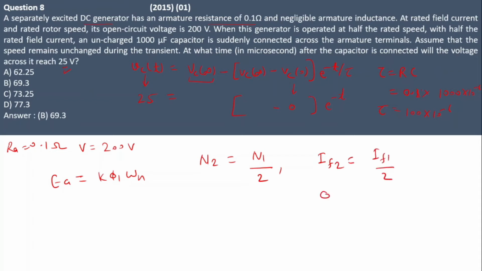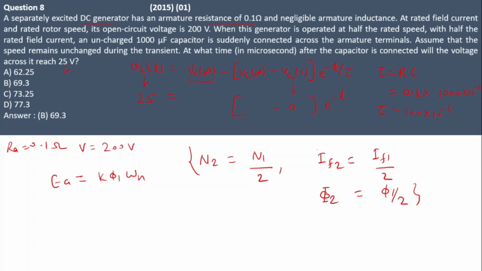Okay, so you can say phi 2, because flux is directly proportional to the field current IF2, equal to phi 1 by 2. So you have two relationships, and so you can find out the EA1.